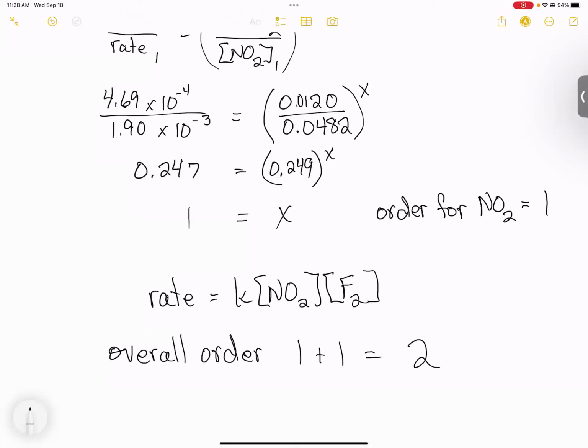Okay, so the question is, how do I know the order of the reaction? How did I know that one NO2 reacts with an F2, making an NO2F, and then that extra fluorine that's left over winds up reacting with the other NO2?